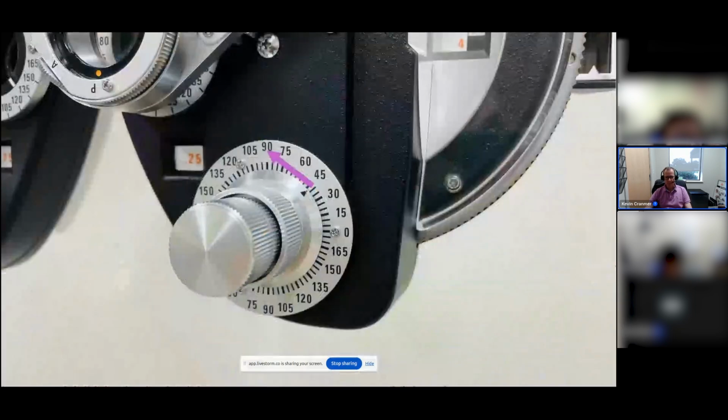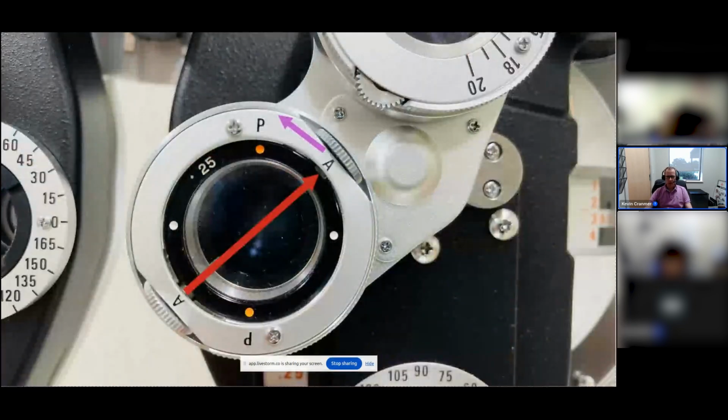So here, if you look down on the phoropter, it says 0.25 in that little window, and it's red. That means you have a minus cylinder phoropter. And here's where it gets a little confusing. In a minus cylinder phoropter, you're going to want to rotate towards the red, and you follow or chase the red dot.